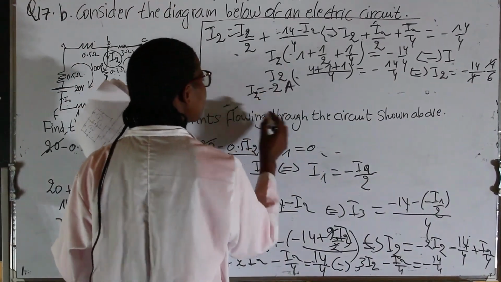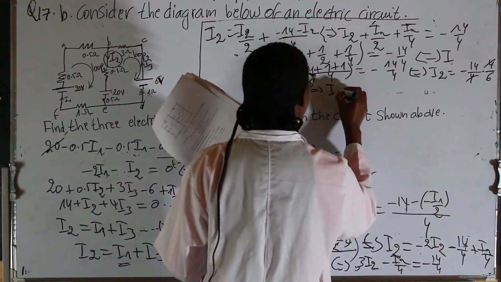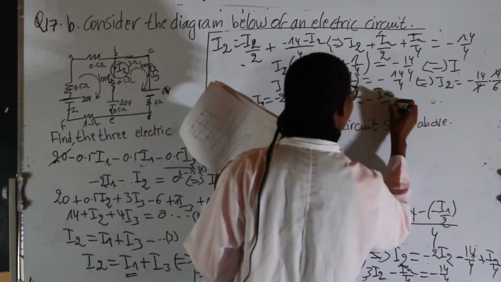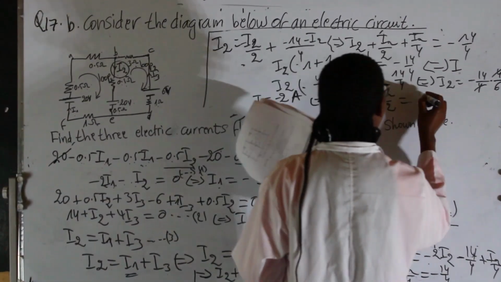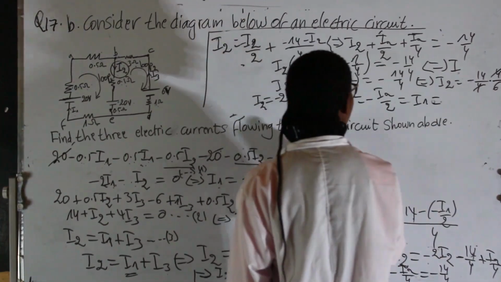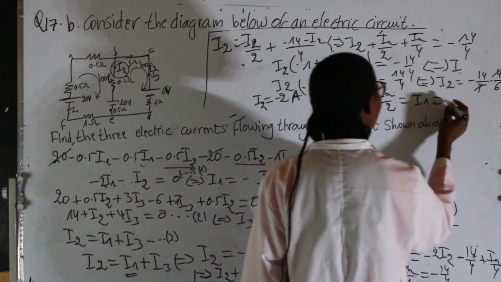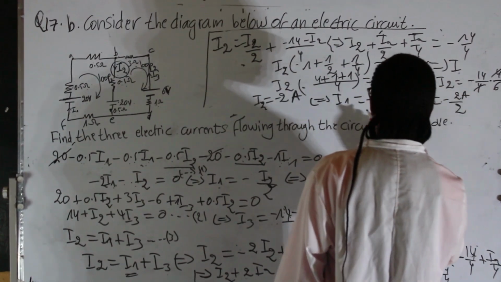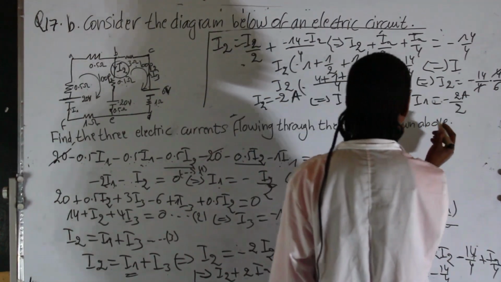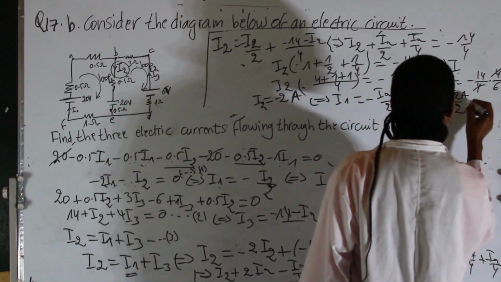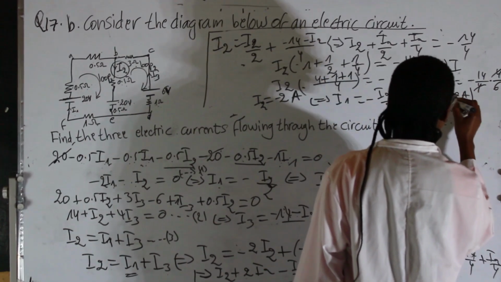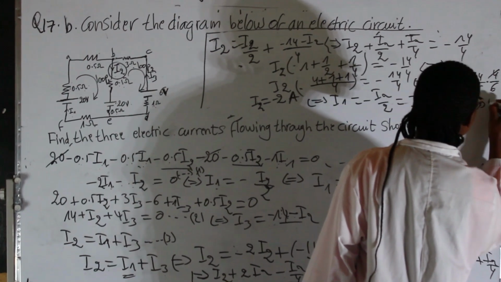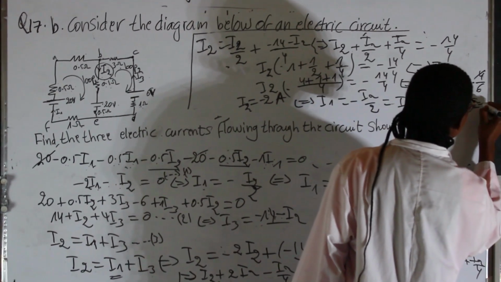Then after finding I2, I1 is equal to minus I2 over 2. This means that I1 is equal to minus minus 2 ampere over 2. Then minus will be plus. Then we have I1, which is equal to 1 ampere.